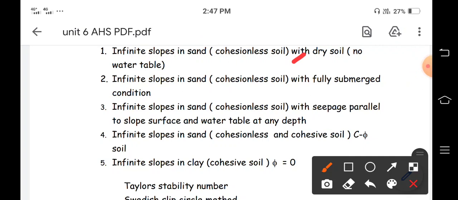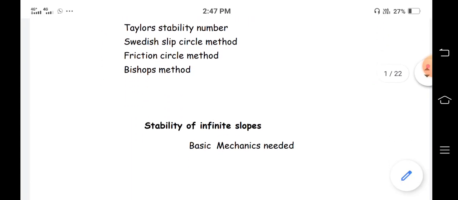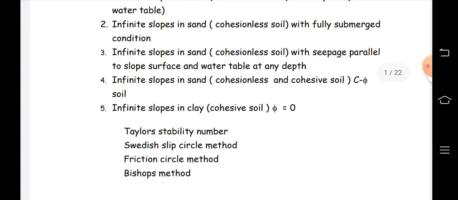In the second case, cohesionless soil in the fully submerged condition, the formula for the factor of safety is tan phi dash upon tan beta. For the third case, seepage parallel to the slope, it is a long formula: tan phi plus tan beta plus an additional term.